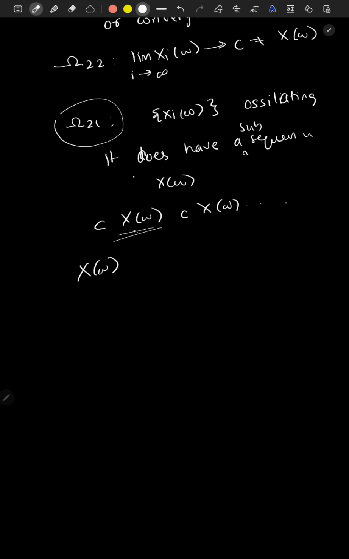Almost all subsequences, if you choose a subsequence at random, should converge to x(omega) rather than to c. Then we can say that this is not a convergent sequence, but if you weaken it a little bit, more often than not it will give you a subsequence which converges to x, if you choose it. And by choosing I mean choosing by the underlying probability.